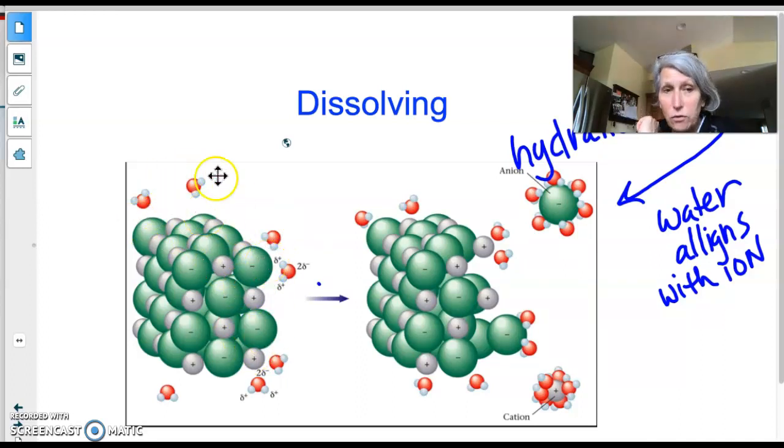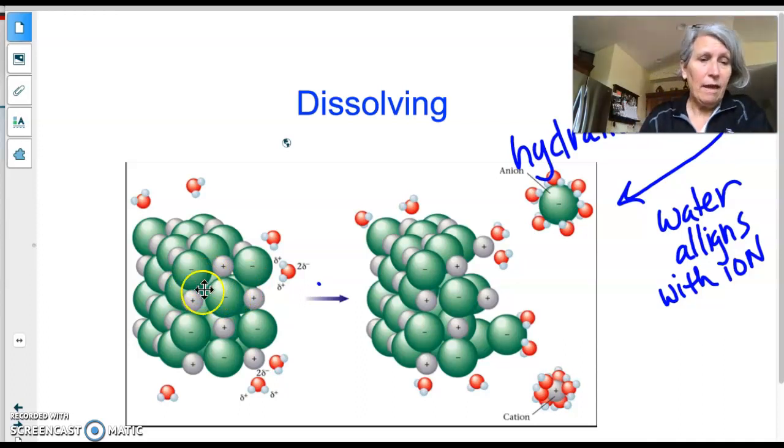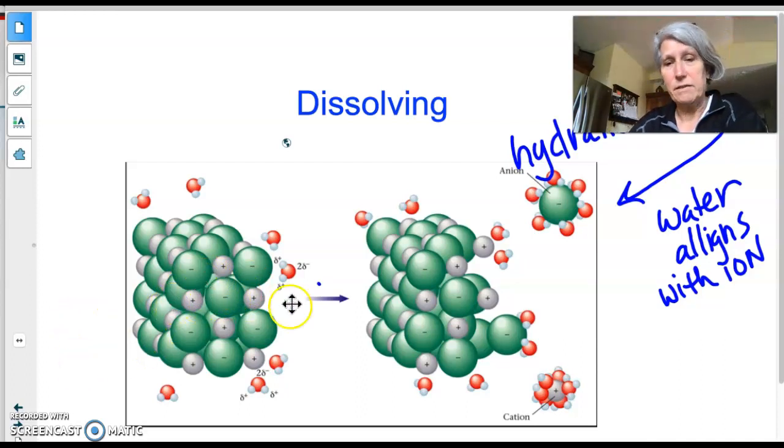If we stir the water molecules, there's going to be more opportunities to come in contact with the solute, which increases the dissolving. And then finally, if we were to grind this up and have a larger surface area, the water molecules would be able to get to the surface of the ions much easier than the ones way deep inside here. So it's going to also increase the rate of dissolving.